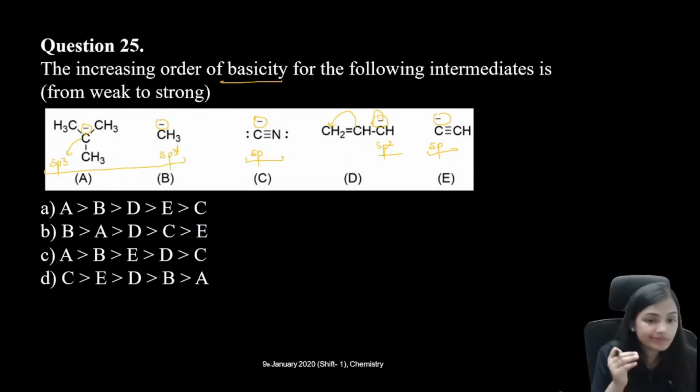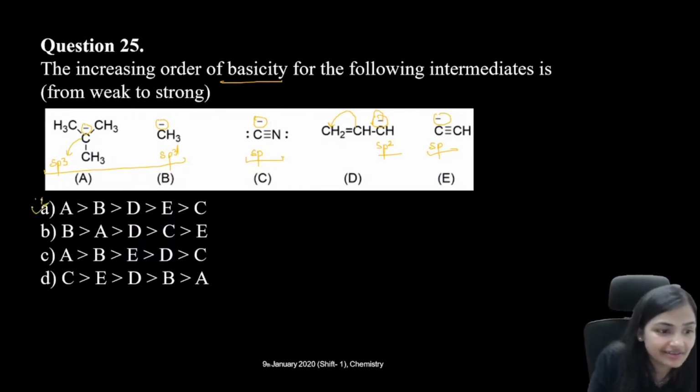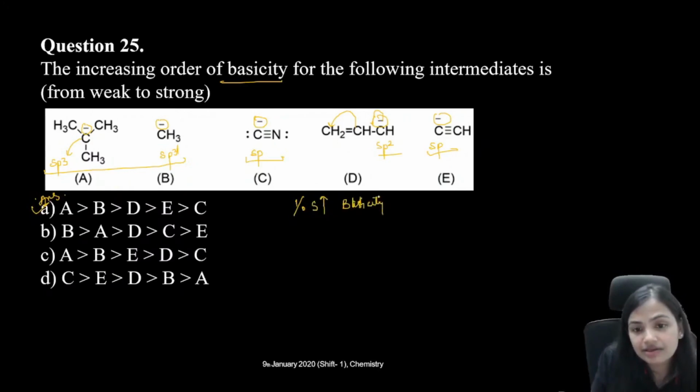Very nice, very nice. So my hint works. So as the percentage of s character increases, the basicity decreases. Here we have 50% s character. Here we have 50% s character.